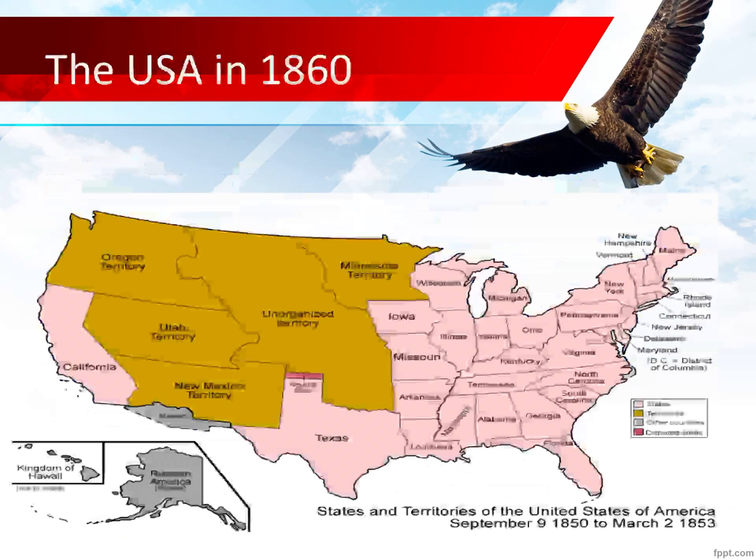By 1860, this is what the United States looks like. Very different than the map that you saw in 1776. We have territory connecting the east to the west along the Pacific Ocean. We have continuous territory. That's a big, big part of that.